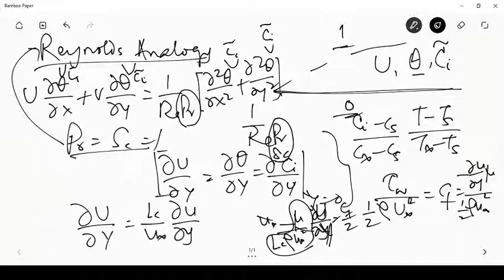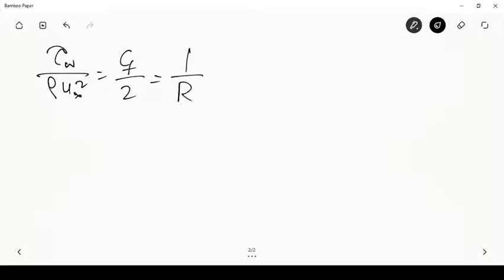So if I write it on the next page, tau wall by rho u infinity squared, which is Cf by 2, is equal to 1 over Re multiplied by del u by del y with a negative sign. Okay, so this is basically what I get.